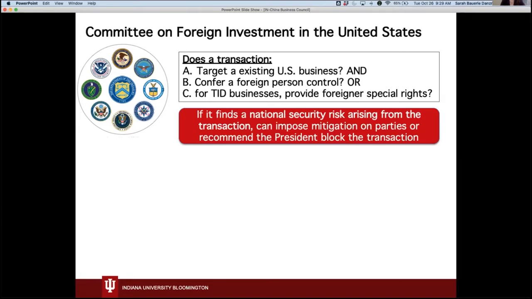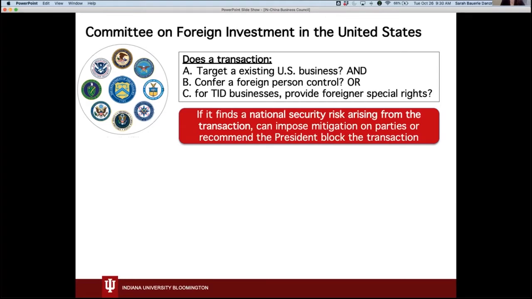So only the president has the ability to actually prohibit a transaction or require a divestment of an investment that was first made and then subsequently went through the CFIUS review process.